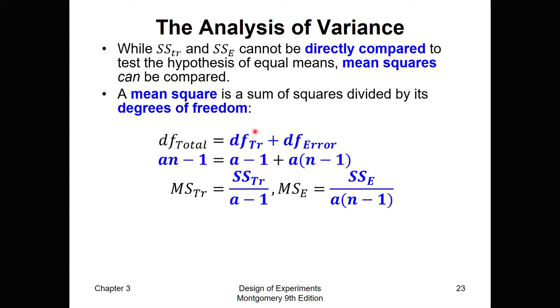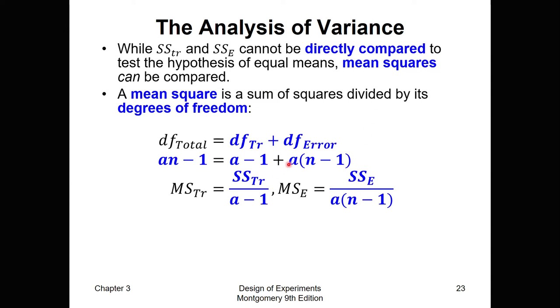The degrees of freedom for the treatment is a minus 1. If you think about this, this is the number of groups minus 1. Treatment is looking at the movement of the group means, so the number of degrees of freedom we have is the number of group means minus 1. Now the degrees of freedom for the error is a little bit more complicated, but remember that error is the movement of data within the group.